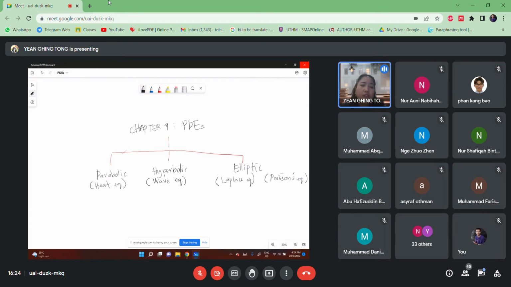If let's say this heat equation, we can solve it using two methods. One is the explicit finite difference method.